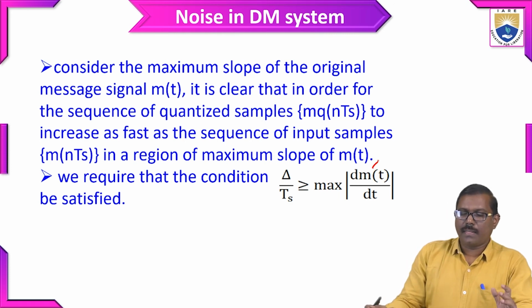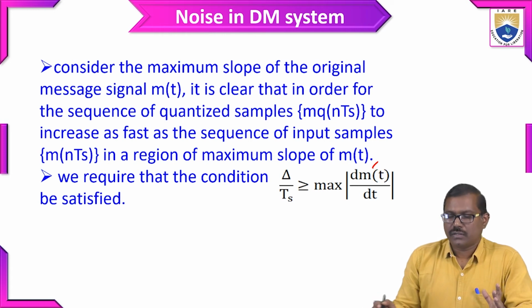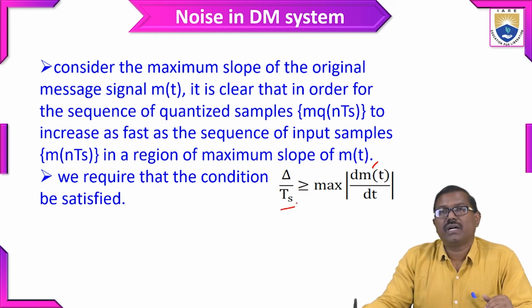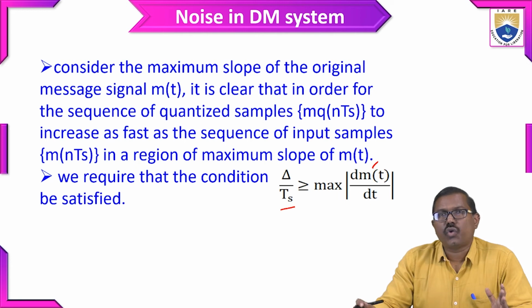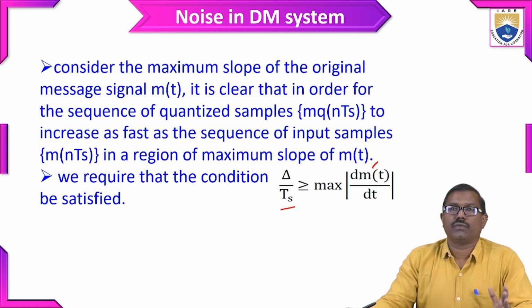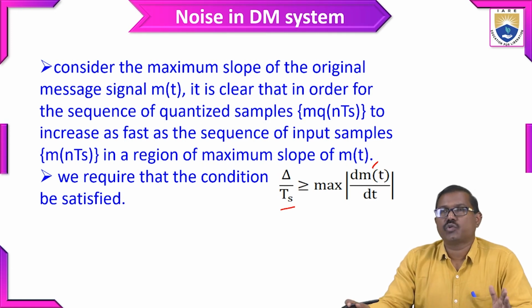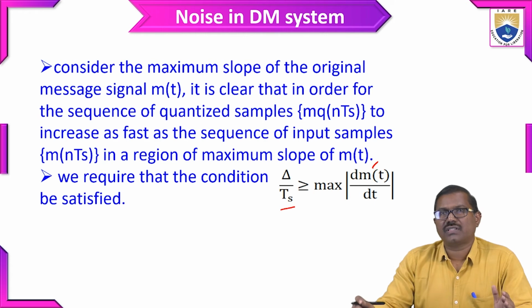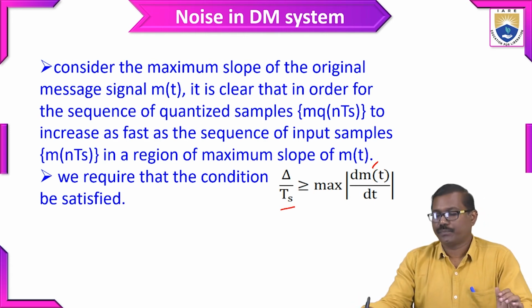So this is the maximum slope of the message signal, and this is the slope of the delta modulation system. This is the condition to avoid the slope overload. Delta by Ts is greater than the maximum slope of the message signal. So we follow this condition to avoid the slope overload.